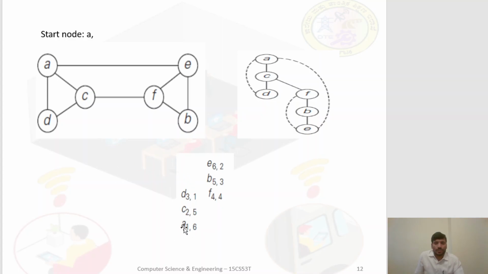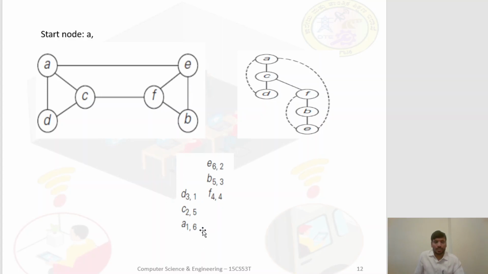Okay, students. So here the sequence is given. So A1 and C2, D3. The first subscript number shows the order when it is visited. So A1 is the first visited node, C2 is second, D3 is third, F is fourth, B is fifth, and E is sixth.